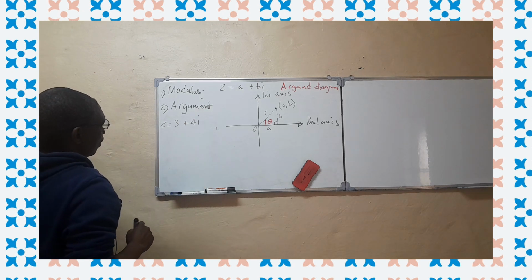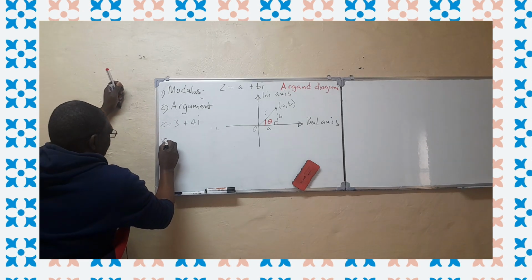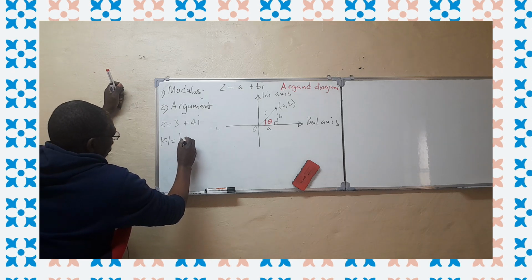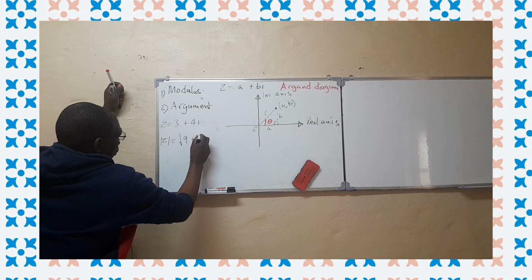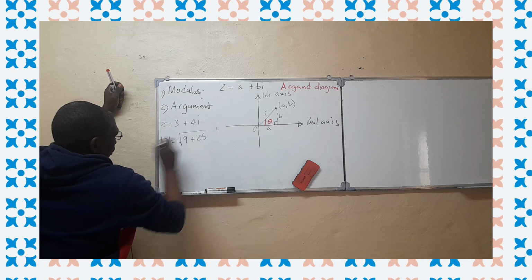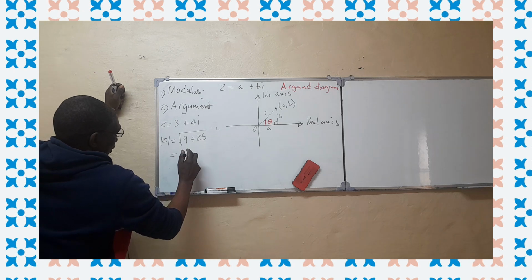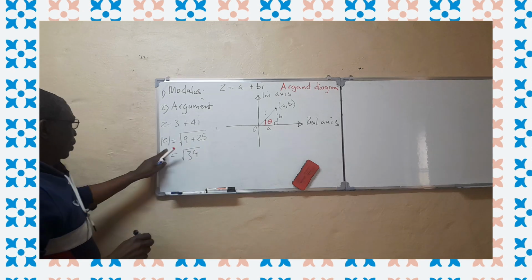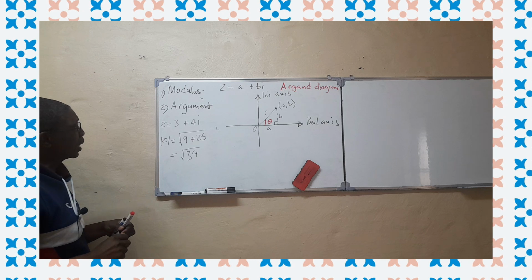What is the modulus of z? The modulus of z is equal to the square root of 3 squared, which is 9, plus 4 squared, which is 16, so the square root of 25, which of course is 5. So the modulus of z is 5. What about arg z?